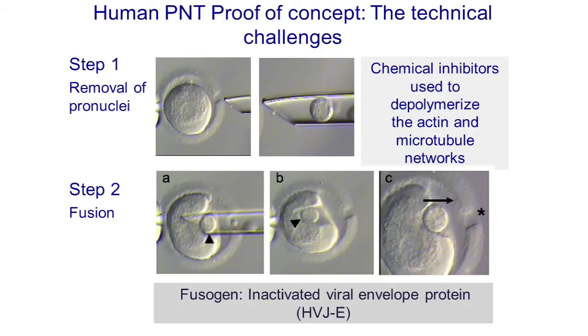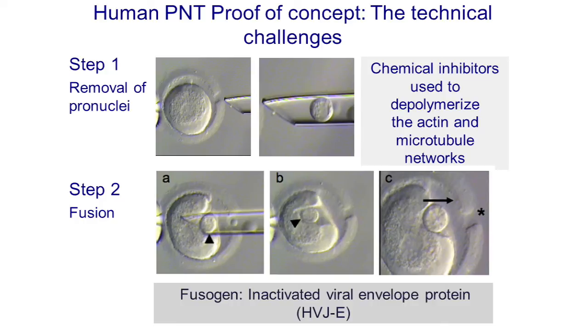And that can be done reversibly using chemical inhibitors. Then the next step is to fuse this pronucleus back with an enucleated cytoplast. This piece of pronucleus surrounded by a piece of cytoplasm is called the karyoplast, and this enucleated zygote is often called the cytoplast.